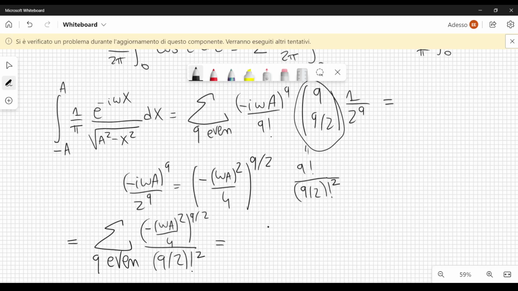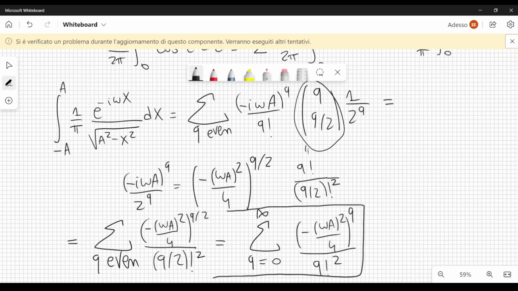And this is also equal to summation with q going from 0 to infinity of minus omega a squared over 4 to the power q divided by q factorial squared. So we derived that this series is equal to this integral here.